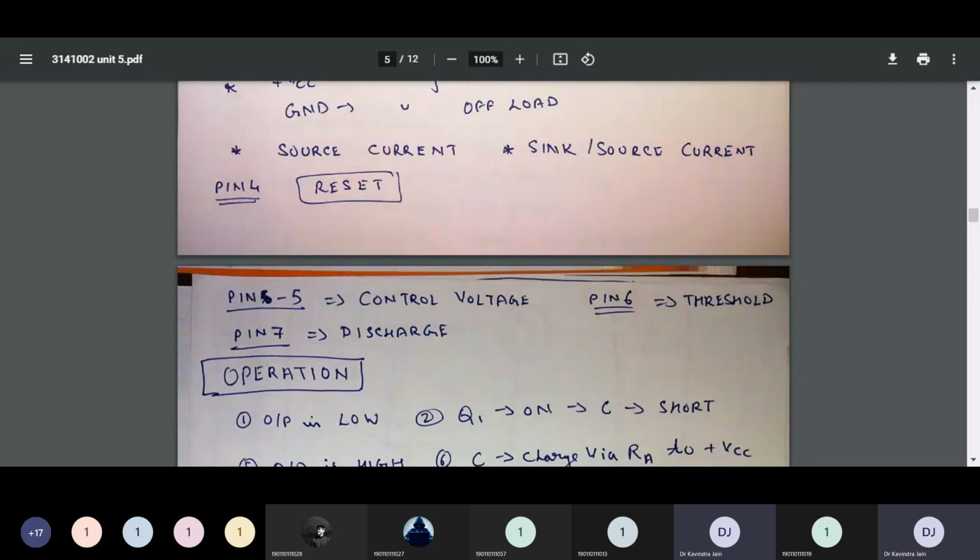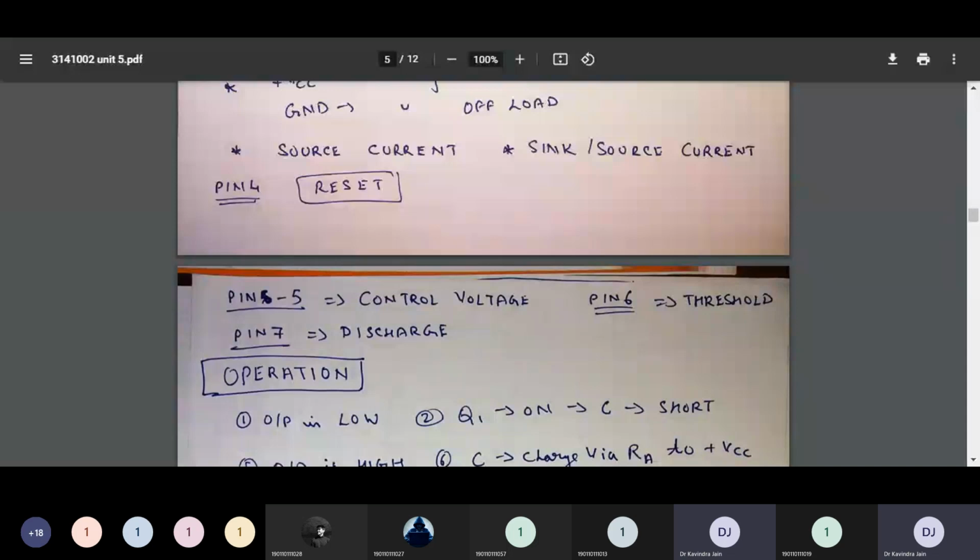Pin number 7 is the discharge pin. When output is high, Q1 is off and acts as an open circuit.